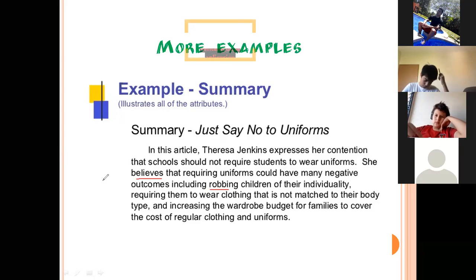Let me see. The idea is not to wear uniforms. Just say no to uniforms. That is the topic. So in a sentence it will be, let's see, Dimitri is writing. Okay, one more minute. Let's see if Dimitri can do it.